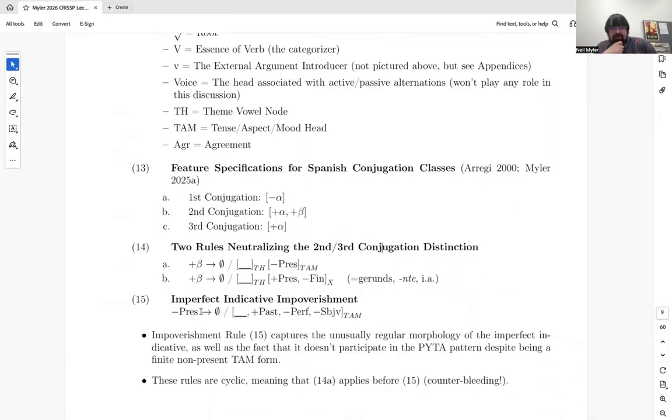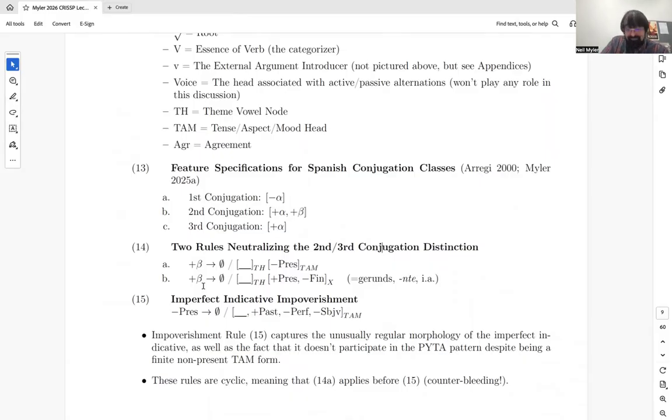There's at least one other thing I wanted to mention here. For 14, notice that 14a and b delete the same feature, but they can't be collapsed because impoverishment rules, like other rules, have to pick out natural classes. And you may wonder if that's a weakness of the account. I think the answer to that question is no, in particular because of Italian.